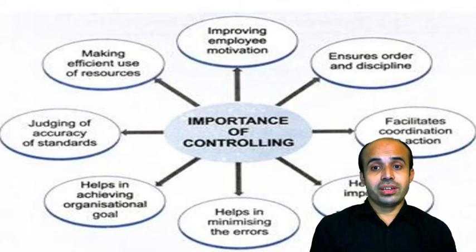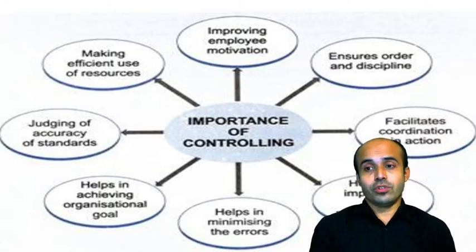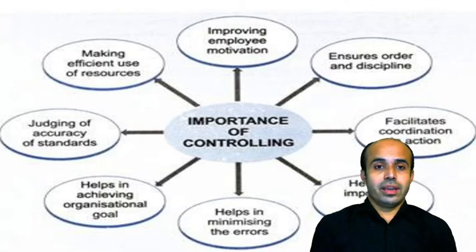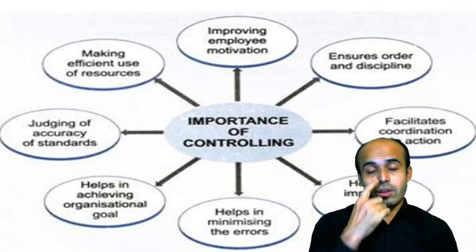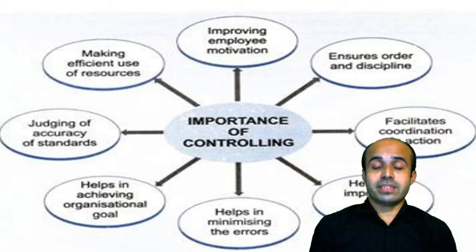Facilitate coordination in action. Yes, controlling also helps coordination, because we know that coordination means to integrate all the individual efforts toward the organization's common goal. Controlling does the same thing.